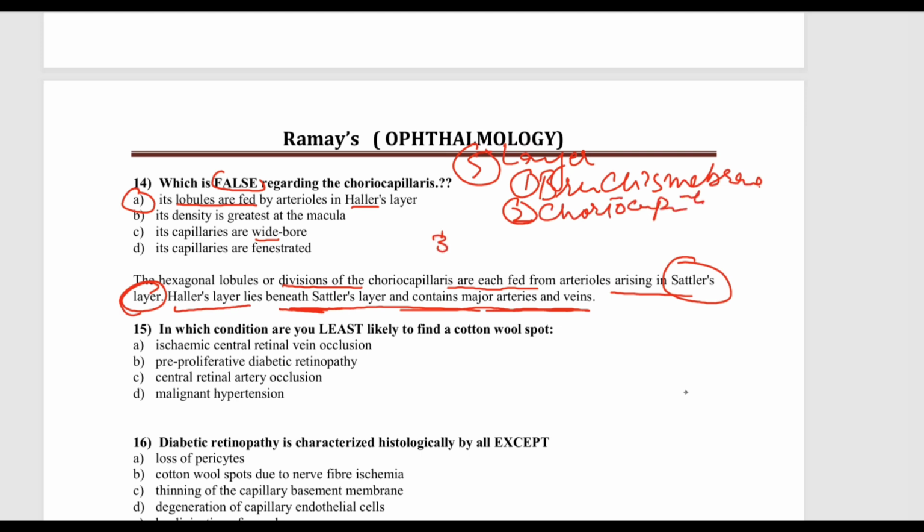Third one is the Haller layer, fourth is the Sattler layer, and the fifth one is the suprachoroid. So these are the 5 layers of choroid.